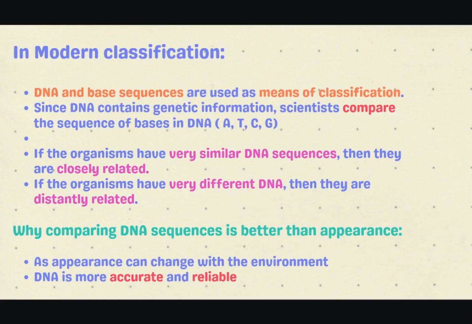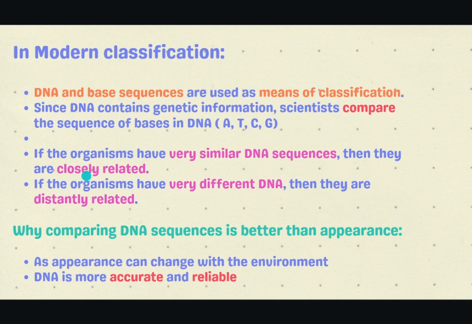So let me give you an example of such organisms that have very similar DNA sequences. For example, humans and chimpanzees. Yes, humans and chimpanzees have very similar DNA sequences. And so it means that humans and chimpanzees are very closely related to one another.